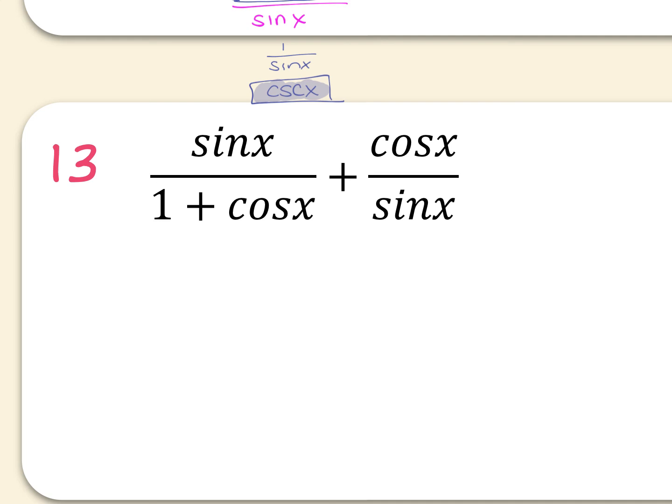I get stuck there. There's nothing else to do there. So instead of doing that, I'm going to try to find a least common denominator so I can combine these into one. So I'm going to have to multiply both terms in the left side by sine of x. And I'm going to have to multiply both terms on the right side by 1 plus cosine of x.